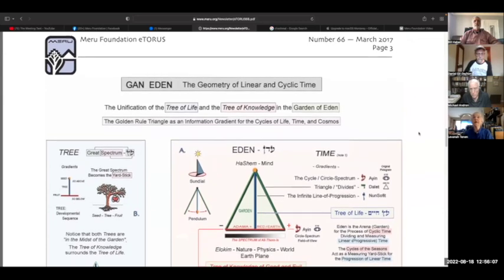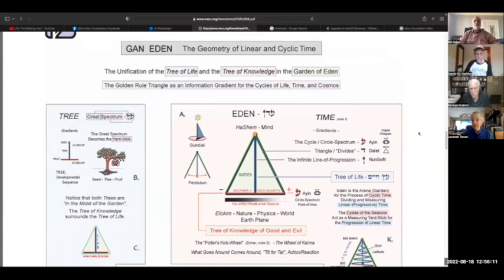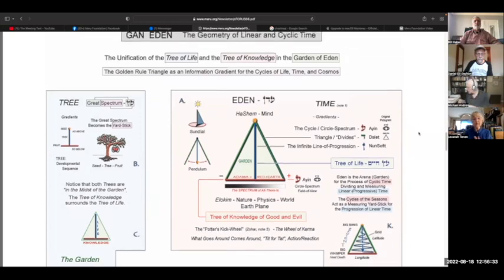There is a teaching that in Gan Eden were both the tree of life and the tree of knowledge. You find those things talked about as both being not the same, and yet there's a quote that says, "both trees, the tree of life and the tree of knowledge, are in the midst of the garden."